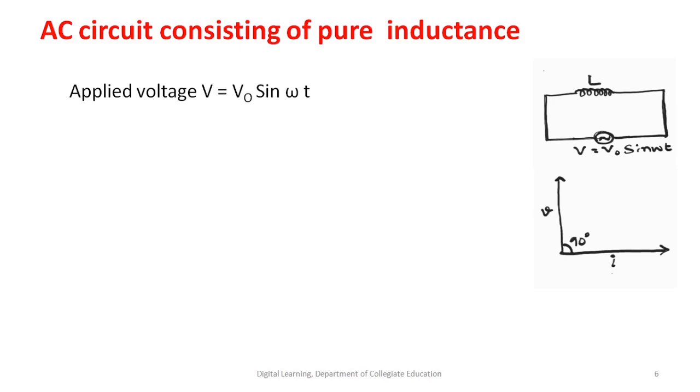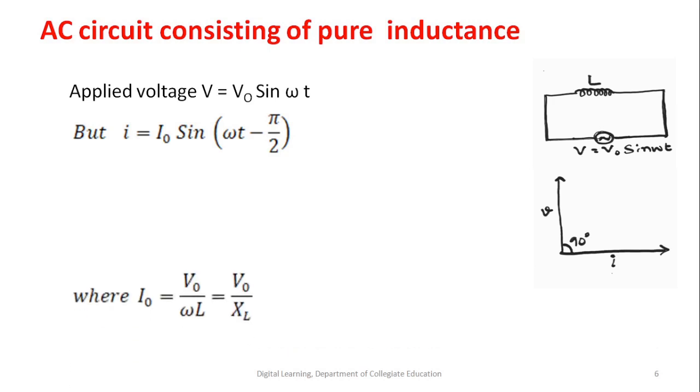If we plot a graph of V versus I, it shows that the voltage is leading or the current is lagging behind the voltage by an angle of 90 degrees. In other words, I is equal to I naught sine omega t minus pi by 2, because the current is lagging behind the voltage by an angle of 90 degrees. That's why minus pi by 2.